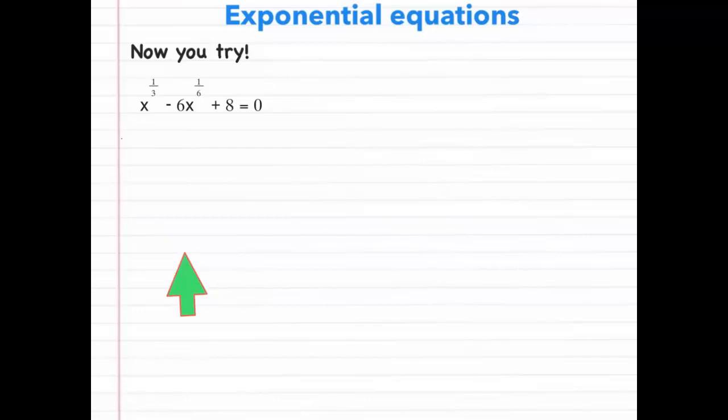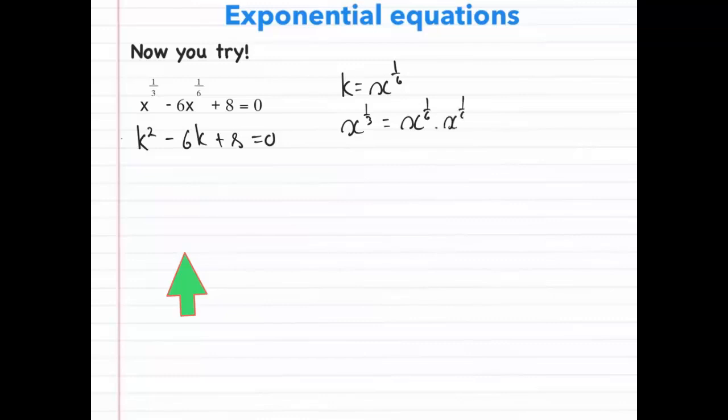So what I'm going to do is I'm just going to say k equals x to the power of a sixth. And then basically this will become k to the power of 2 minus 6k plus 8 equals 0. Again, why? Because x to the power of a third is the same as x to the power of a sixth times x to the power of a sixth.